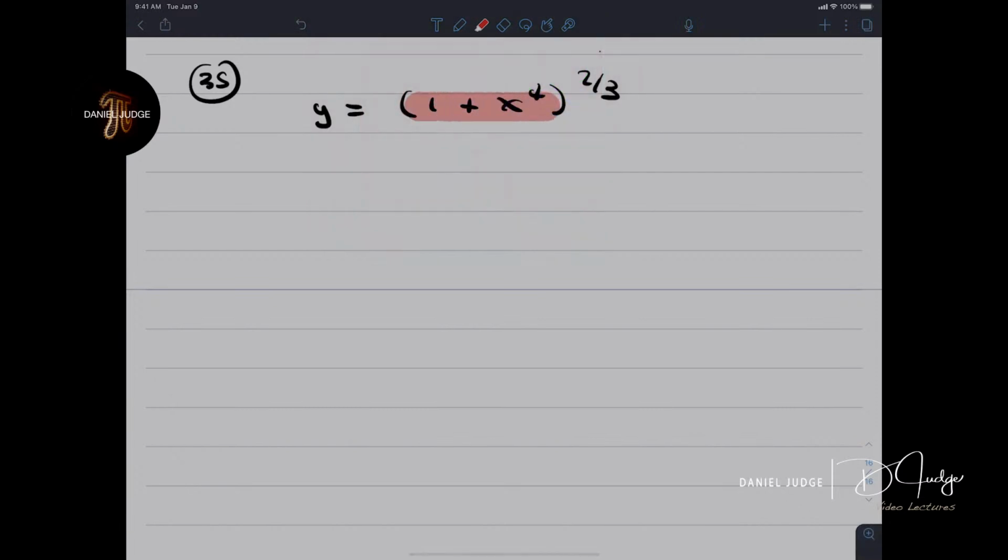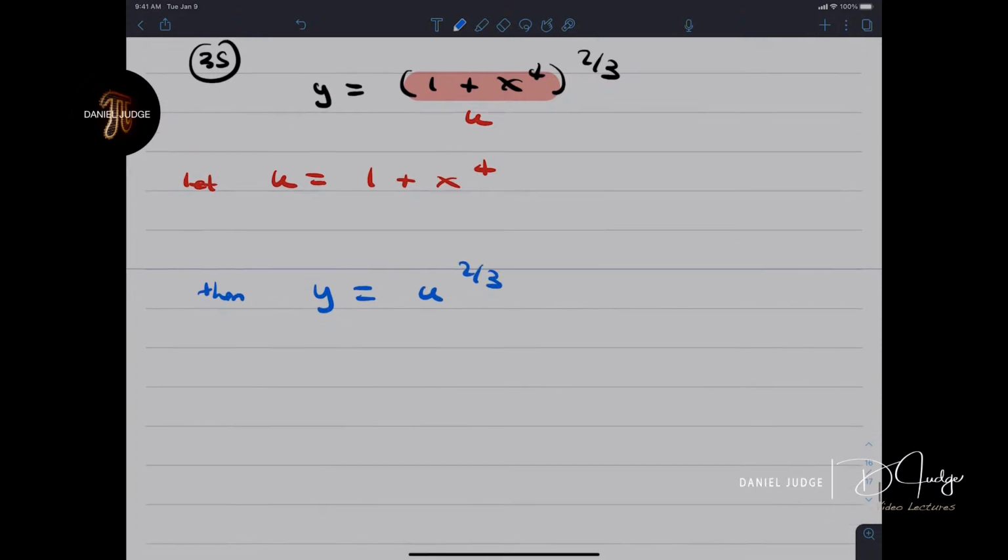Here's my u. It's inside the parentheses. This is the input function, u. So we let u be 1 plus x to the 4th. Then y is u to the 2/3.